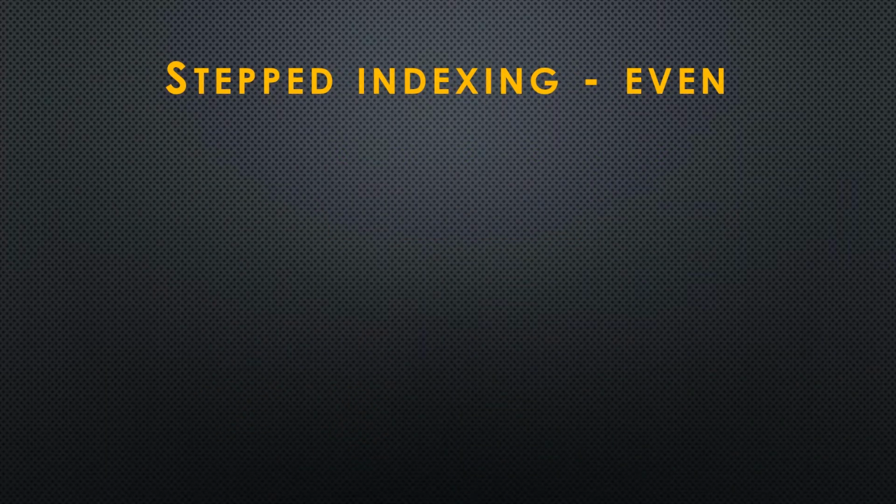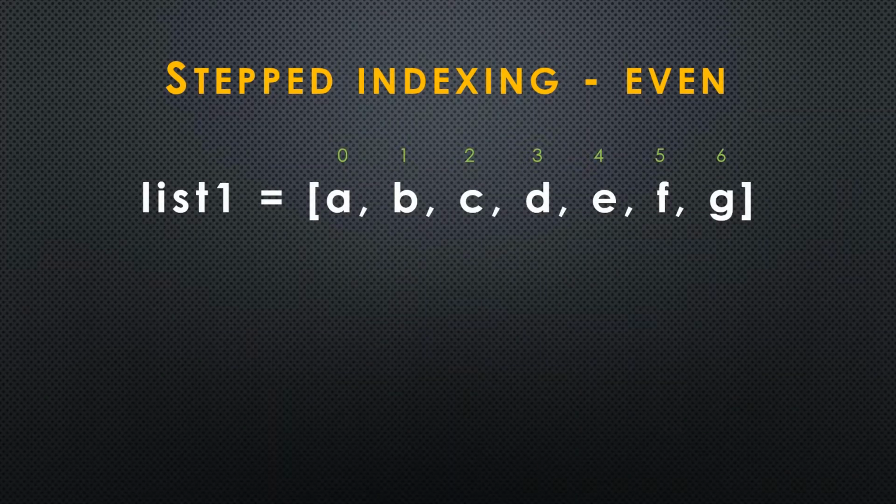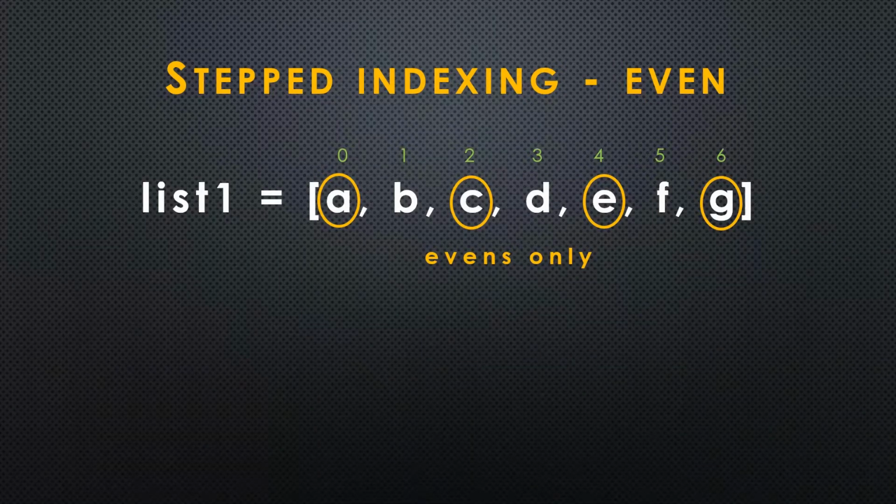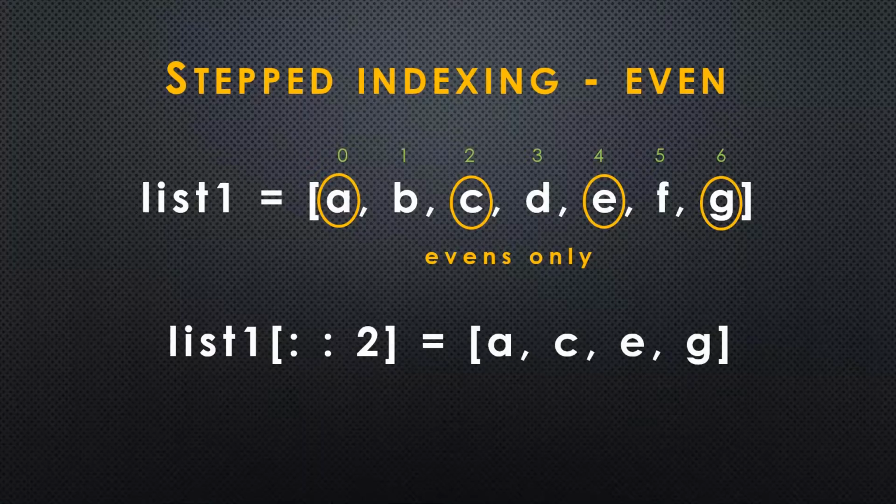Now let's move on to more complex indexing techniques. If we want to isolate only the elements with an even index, how would we do that? Well, we would write list1[::2], where in this case list1, as usual, is the name of the list.